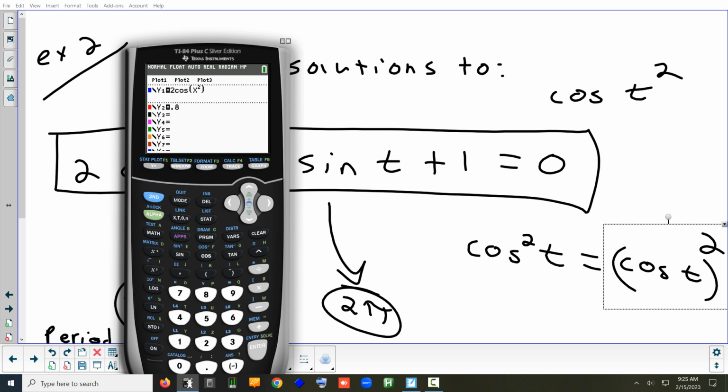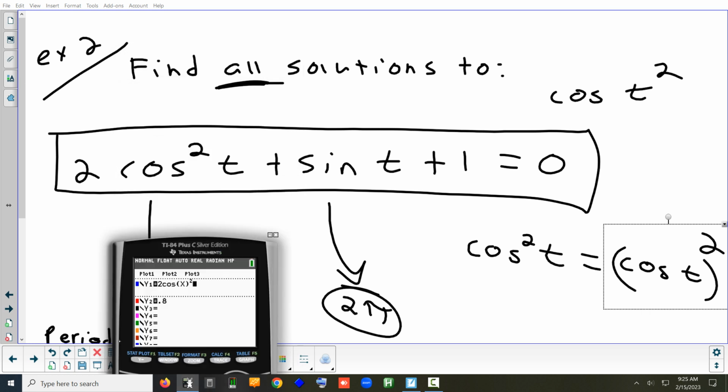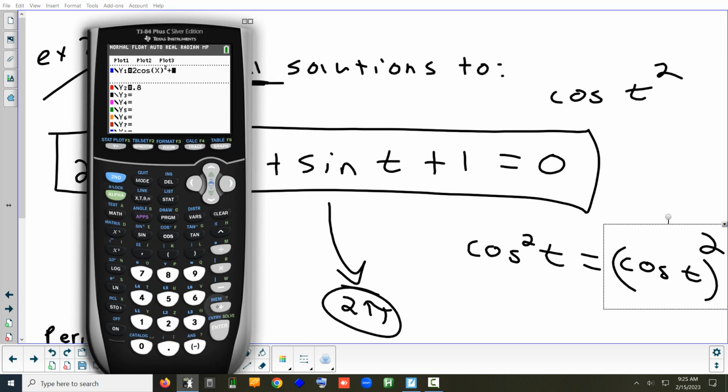Now you're squaring the number you're plugging in before you take the cosine. If you do it like this, now you're squaring the number after you take the cosine. So 2 cosine squared x plus sine x plus 1. Anytime that the computer or the calculator opens a parenthesis for you, you need to close it at the appropriate spot.